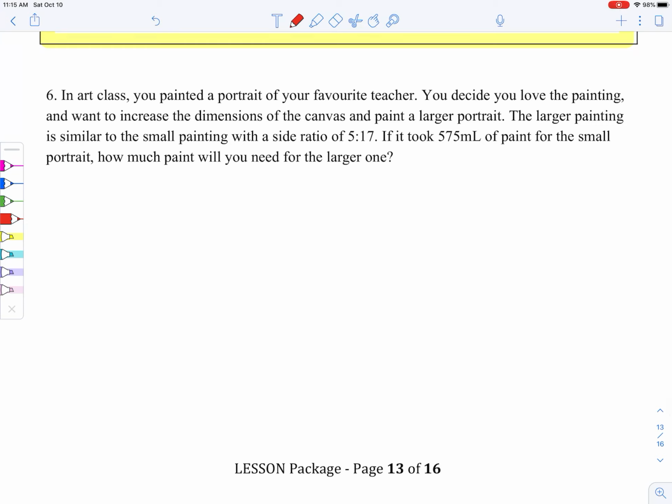Question 6. In art class, you paint a portrait of your favorite teacher. So here's a portrait of your favorite teacher, and you decide you love the painting and want to increase the dimensions of the canvas and paint a larger portrait.